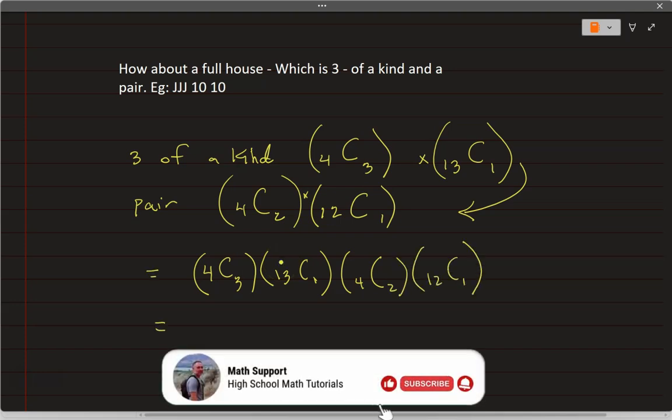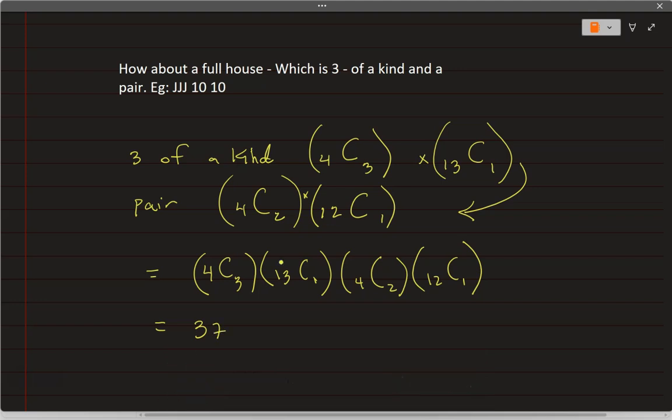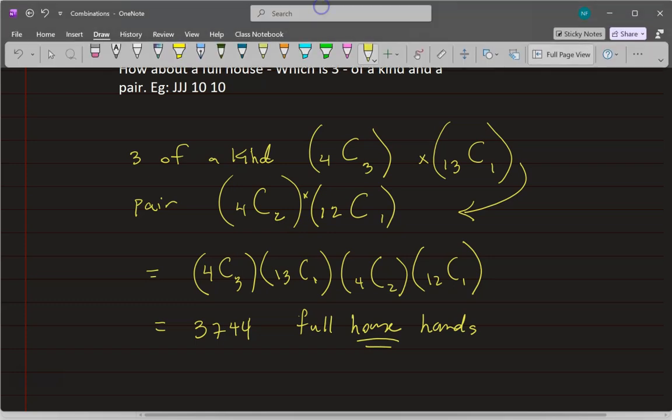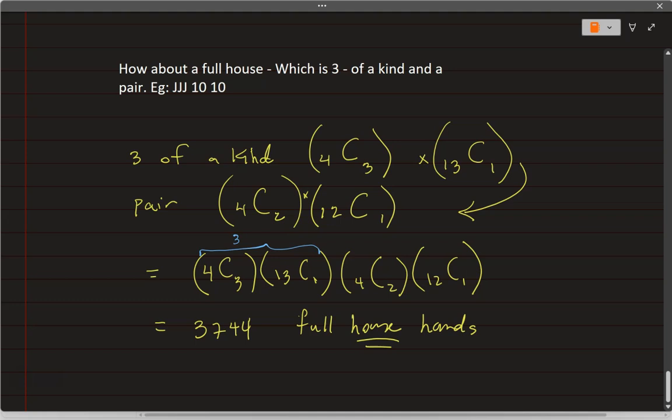And then you put them all together and your final answer will end up being 3,744 different full house possibilities. So those are the full house hands that you can have. Now remember, the first 2 are the 3 of a kind. The second 2 are the pair. All right, so that's the answer to that one.